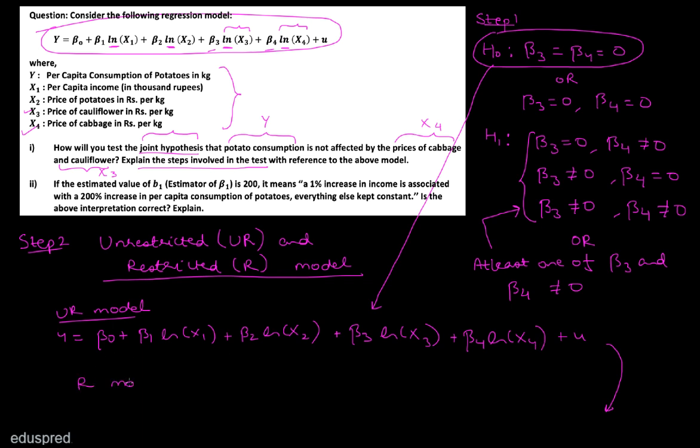So the R model, that is the restricted model, is y is equal to beta 0 plus beta 1 log of x1 plus beta 2 log of x2 plus, instead of beta 3 and beta 4 we put 0, and if we do that then these two terms will vanish. That means I will just have plus u here. Okay, so this is your unrestricted model and this is your restricted model. This is your step number 2.